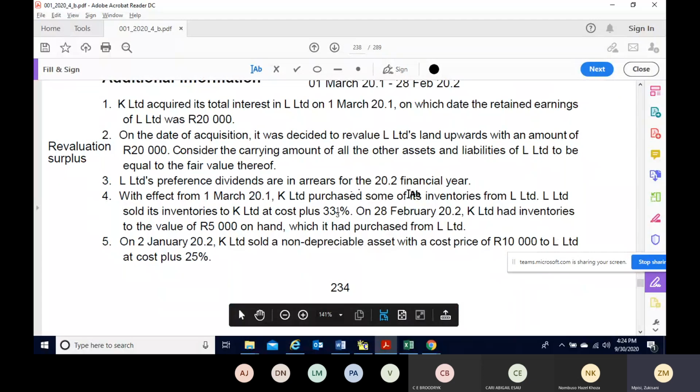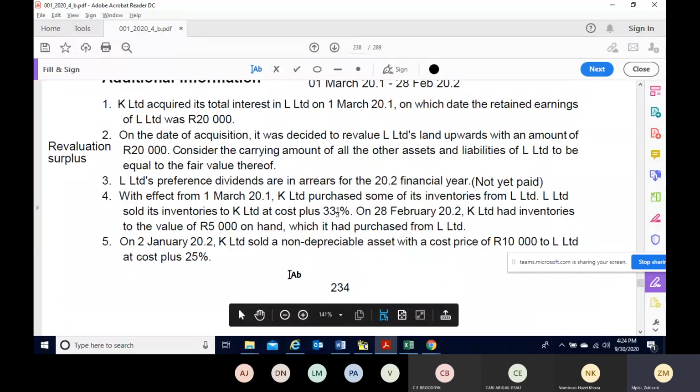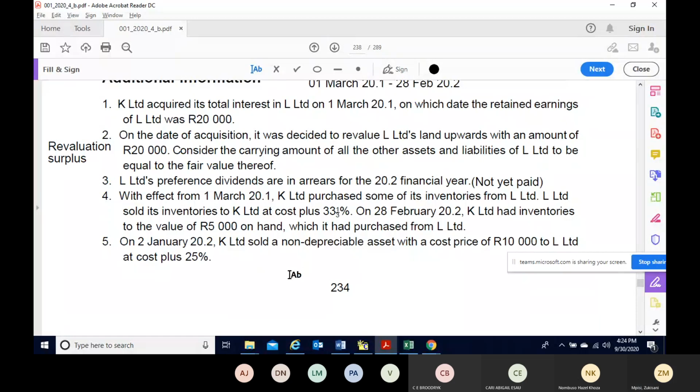LLTD's preference dividends are in arrears for 20.2. What does this mean? They are not yet paid for 20.2, with effect from 1 March 20.1.